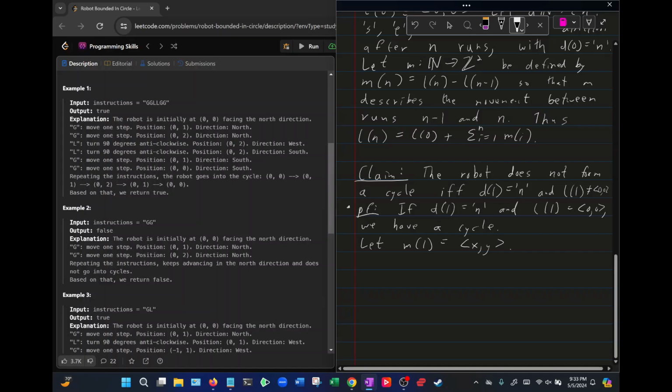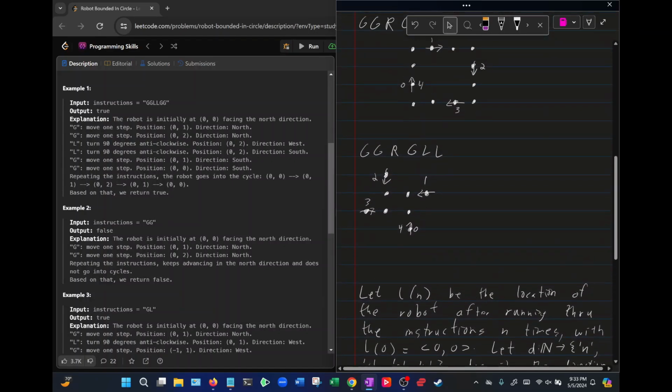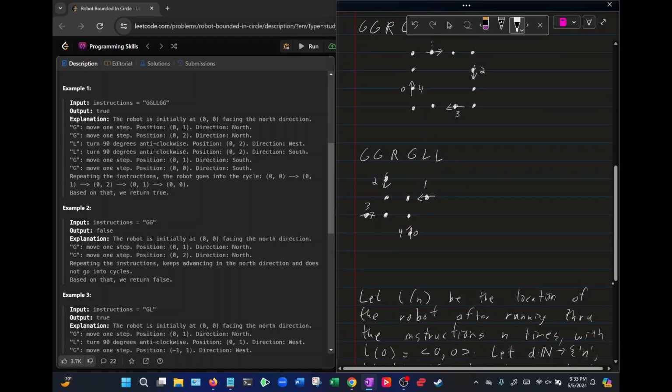So before we go through the example of south, let's run through this again. So let's suppose that we have G, G, R, G, R. So after one run through, we start here. After one run through, you turn right, go forward, and then right again. So we're here. And then the second one is go, go, right, go. Okay, and so we end up here because we turn right at the end.